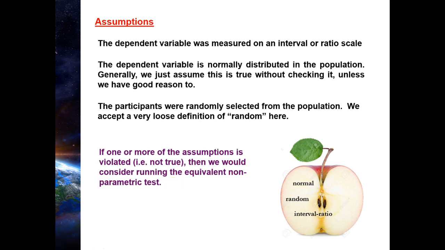There is an equivalent test for the one sample t-test, and for the independent t-test and the dependent t-test, there is a non-parametric equivalent for each of those tests that you could run. But remember, we don't want to if we can avoid it, because if we run the non-parametric test, there's a chance that our significant result with the parametric test might go away when we run the non-parametric version.